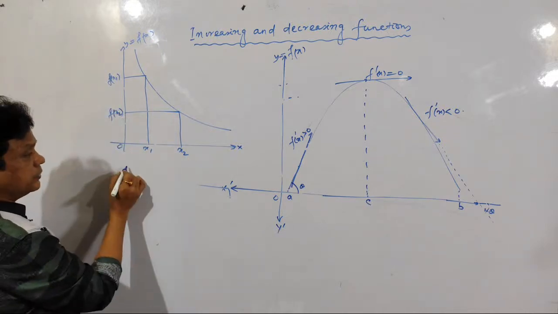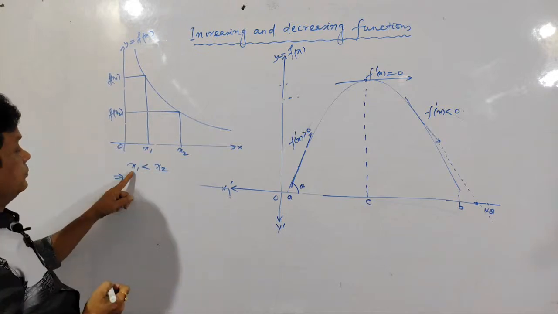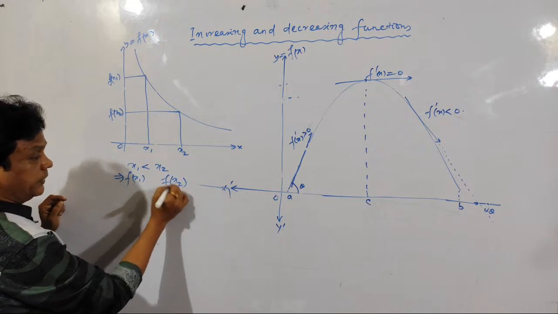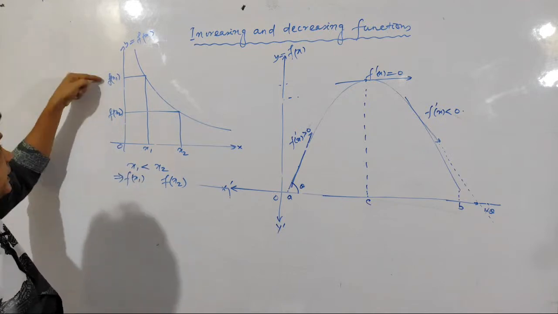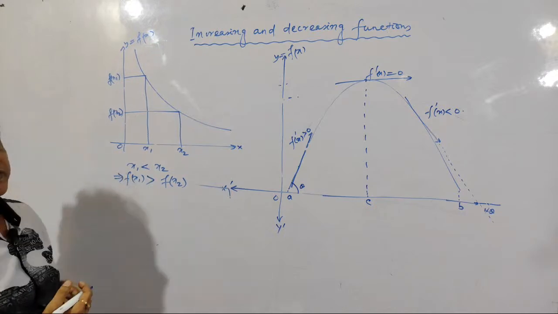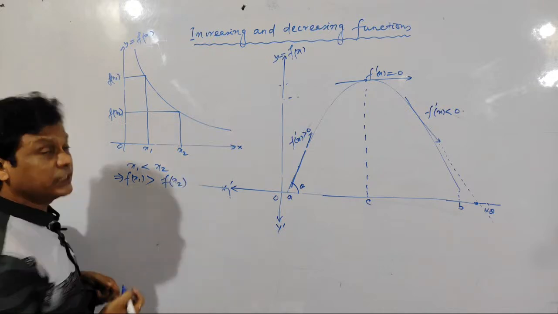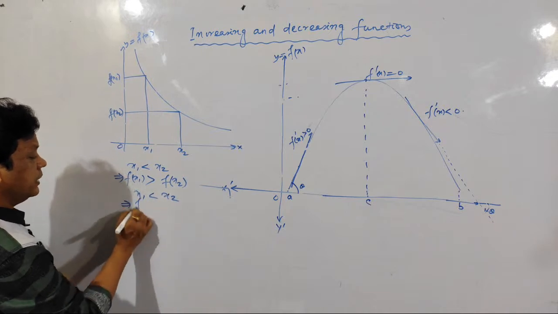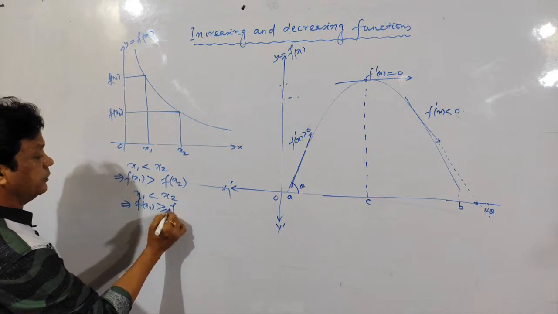So what is the relationship between x1 and x2? x1 is less than x2, and here I am writing f of x1, here I am writing f of x2. And what is the relationship between these two? f of x1 is greater than f of x2, because it is above f of x2. So greater than, the sign changes. If the sign changes, then this is the definition of decreasing function. And here you may say strictly decreasing. And for monotonically decreasing, x1 is less than x2 implies f of x1 is greater than or equal to f of x2.